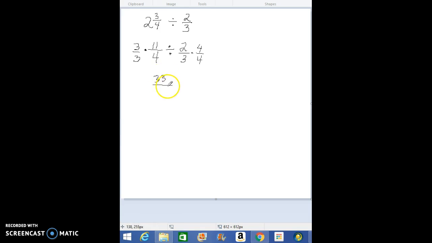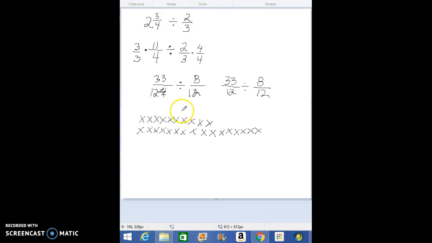I now have 33 twelfths divided by 8 twelfths.